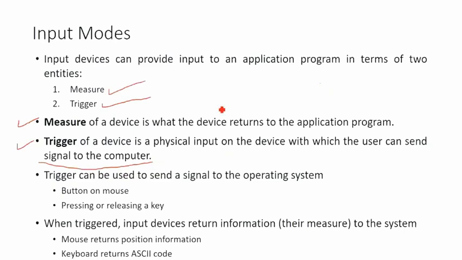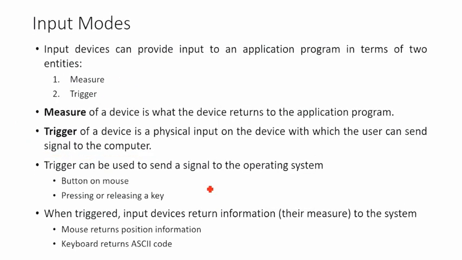So trigger is used to send a signal to your application program through your OS, by pressing a button or releasing a button or pressing a mouse key, all these things, right? And types of measures would be the position information or the ASCII codes of the keys that you would have pressed. That would be the measure.